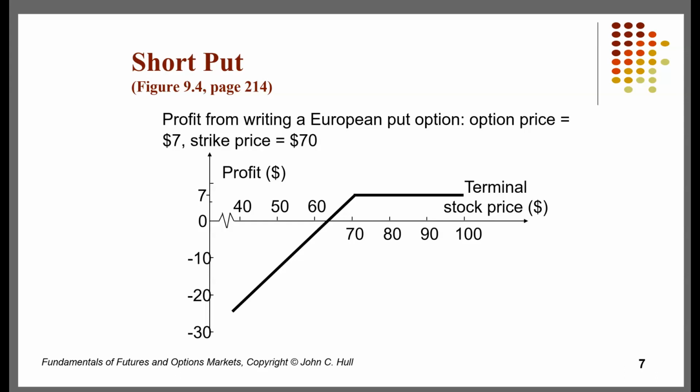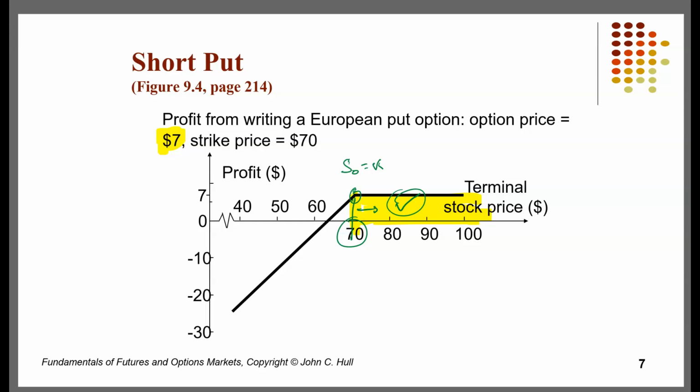So the short put in this case is going to earn a premium of $7, and the premium of $7 is going to be reflected here because at this point, once the price of the underlying is equal to the strike price, the long put is not going to exercise the option. If the long put does not exercise the option, we keep the premium. As the short put, we have an inflow here of $7, and we're fine.